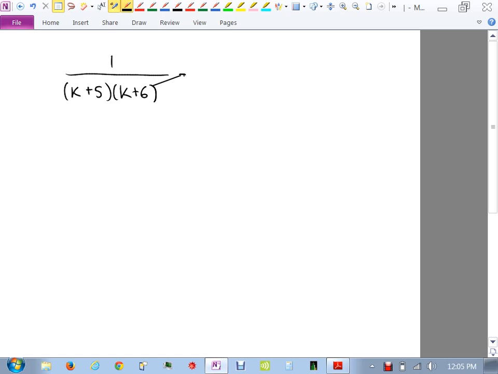Let's do partial fraction decomposition on this. Now this is one of the easier cases for partial fractions, because you have two linear factors and they're non-repeating, so the algebra involved in solving this is a lot easier than like the one on the test.